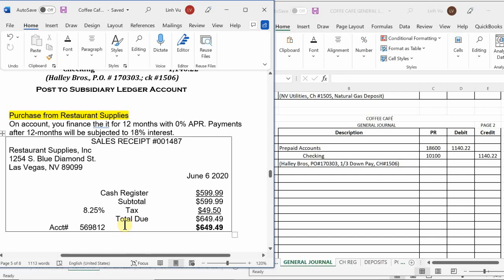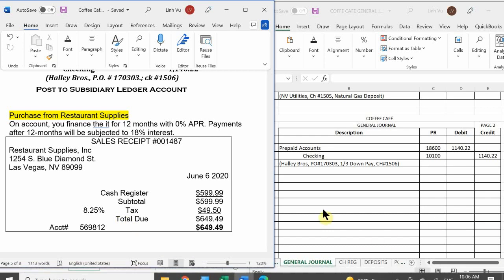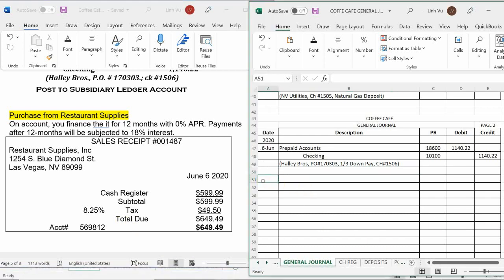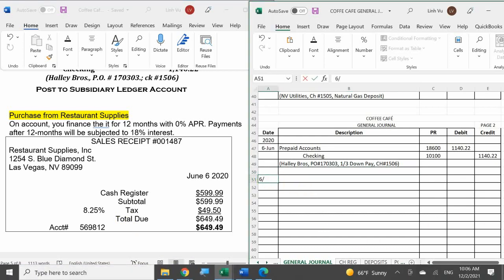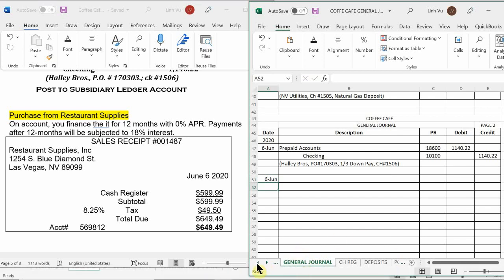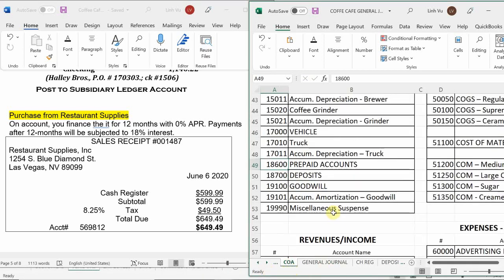So, how do we record this? We purchased a fixed asset, right? So, how do I record this? Check our chart of accounts to see if there are any accounts that exist. Okay.